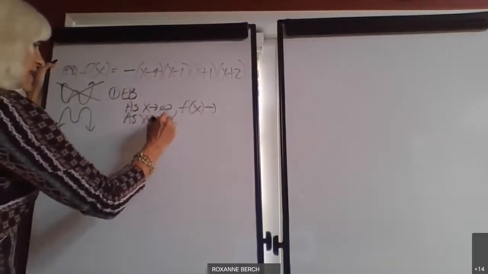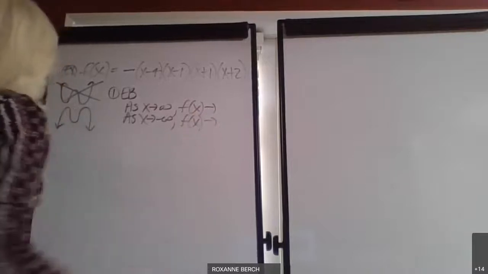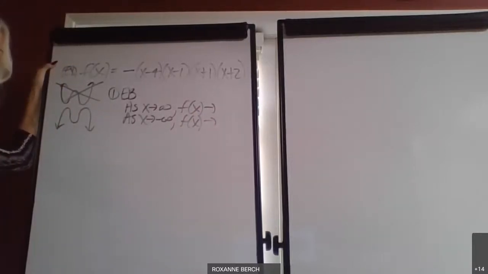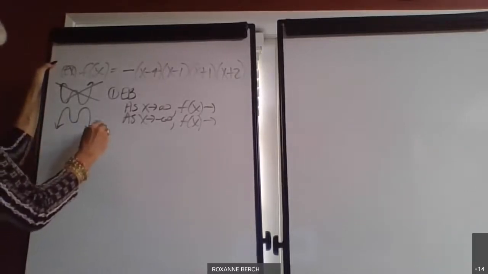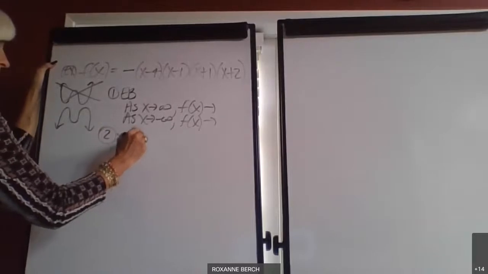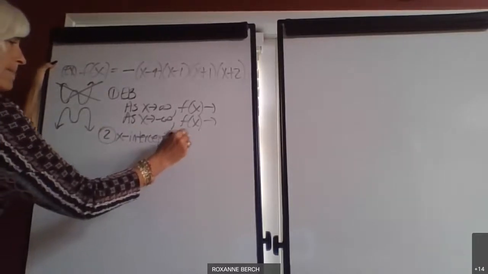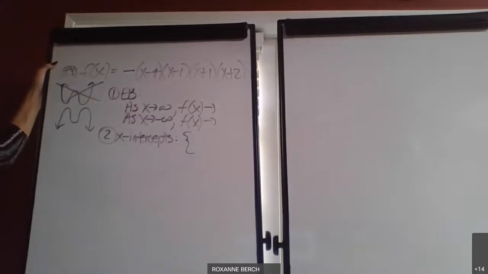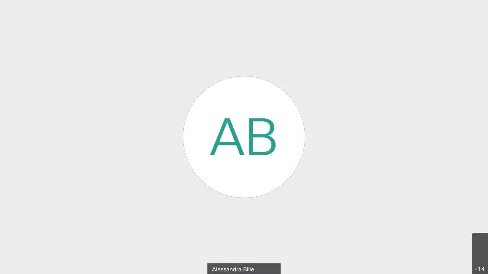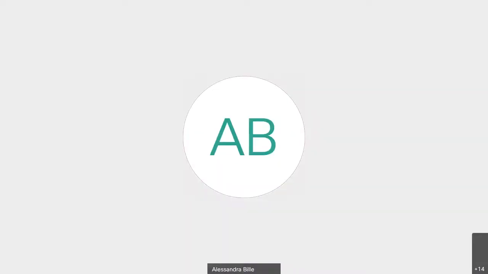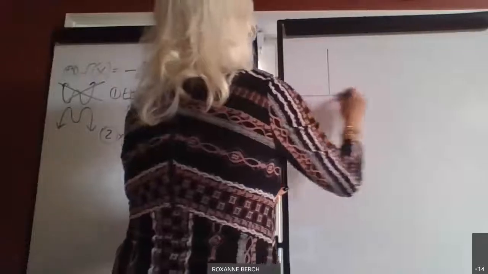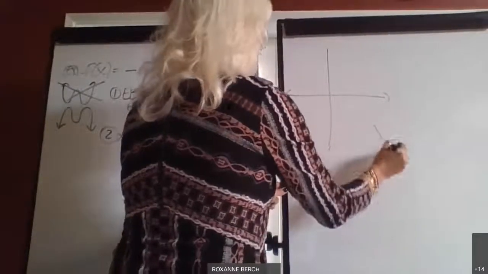As x goes to the left forever, the function is doing what? It's going down. It's also going down on the left. So when we go to do our sketch, you better be going down on the ends, right?